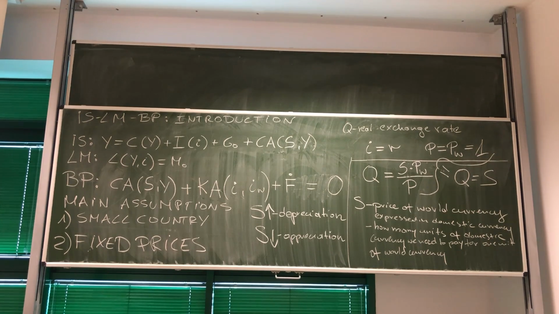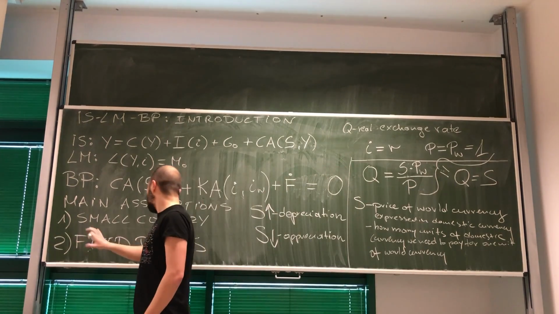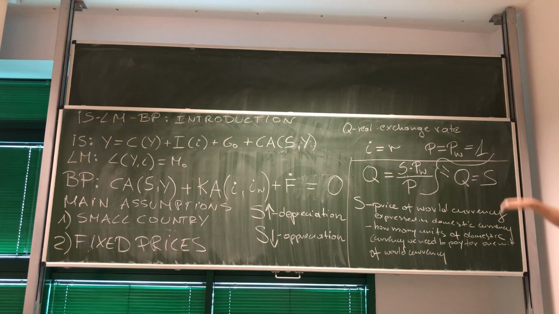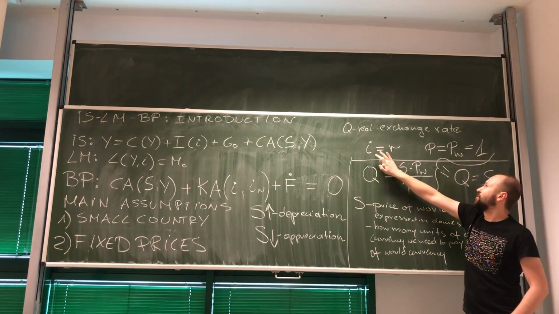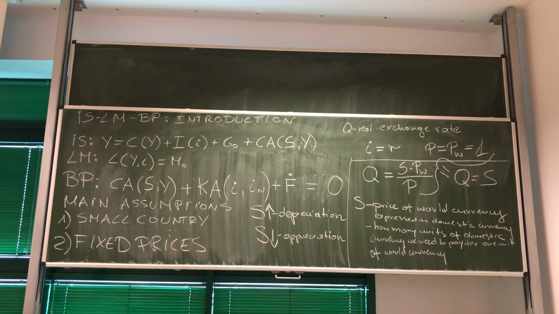Okay, so you see now we know a little bit more, and look, with fixed prices we see that our model simplified quite significantly. We can use nominal exchange rates instead of real exchange rates, and of course nominal and real interest rates are the same. So again, not a problem for us.